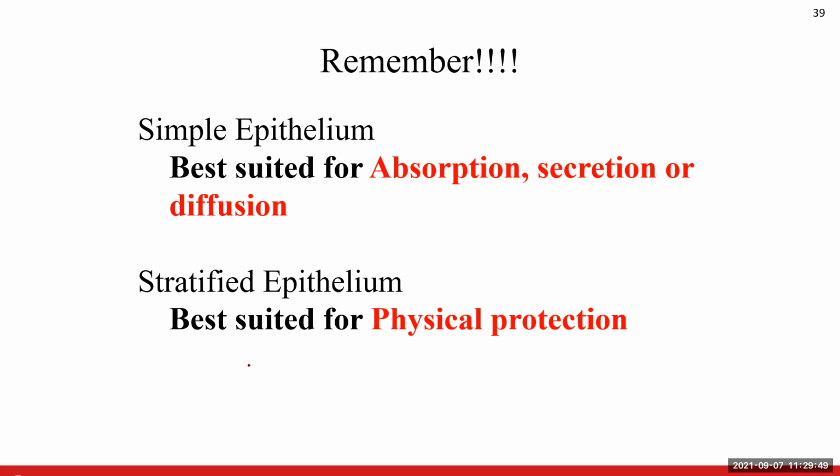You should have stratified epithelium there because of all of the abrasion that goes on when you're walking around. Remember, form is based on function. You heard that before in chapter 1, so anatomy is going to be based on the physiology.